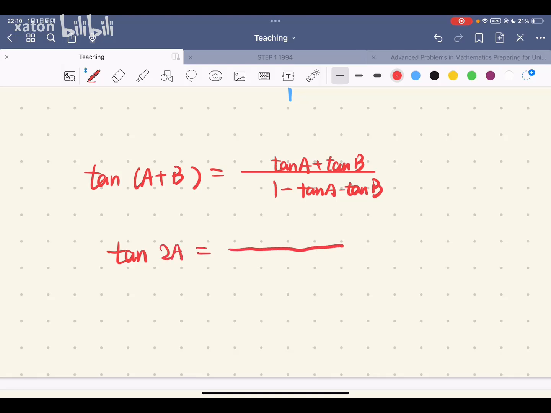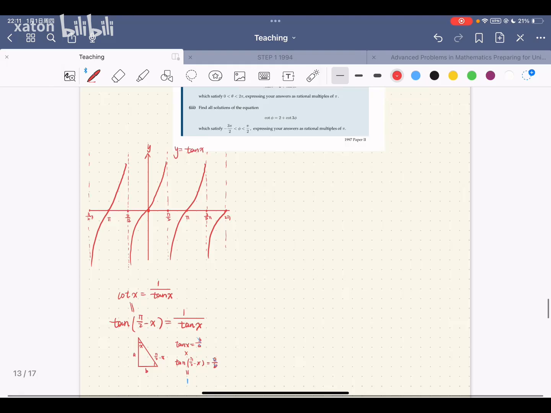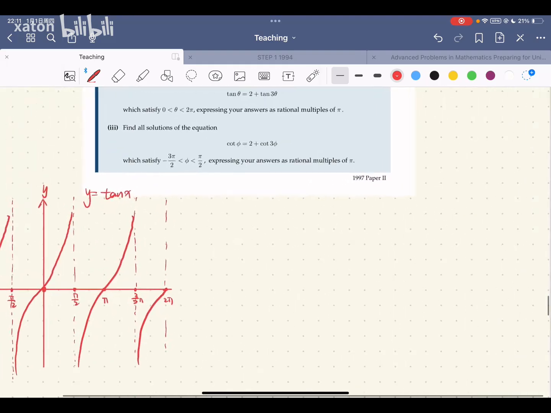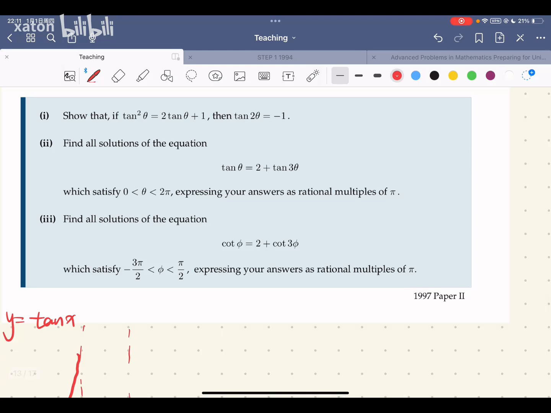It's important you memorize these two. This is very important. I think we have done the review part, so let's look at these questions for real. Show that if tangent squared theta equals tangent theta plus 1, then tangent 2 theta equals minus 1.